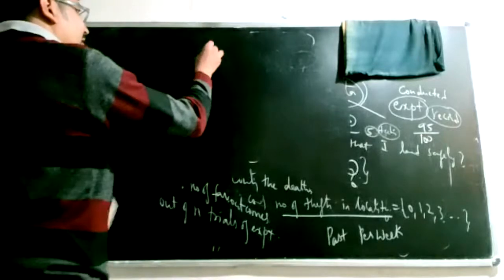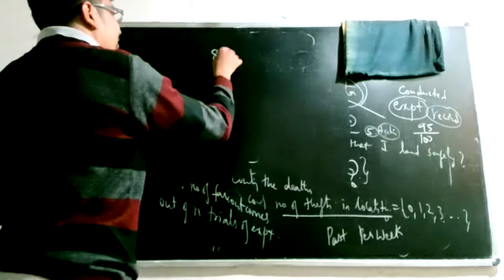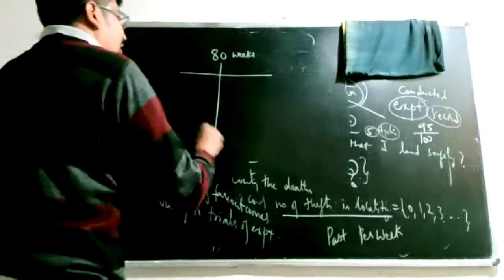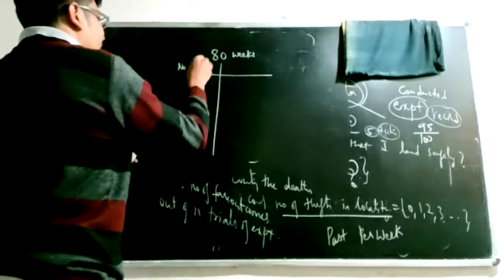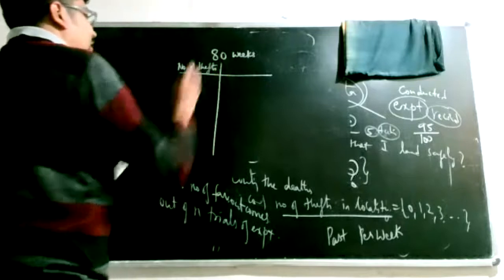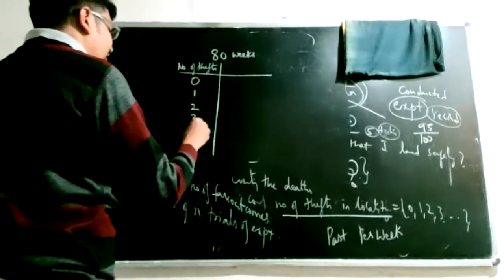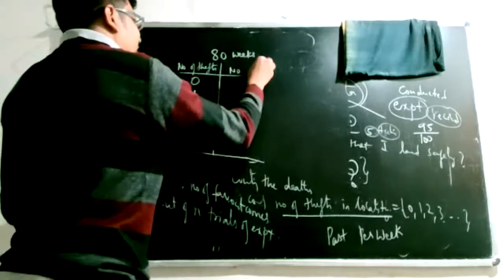Let me say that you are gathering this for almost 80 weeks. Then you record the number of thefts: 0 thefts, maybe 1, 2, 3, 4, maybe 5 in total. And this is the number of weeks.